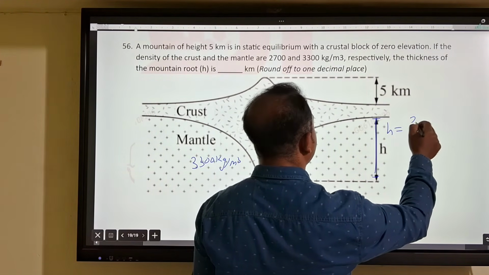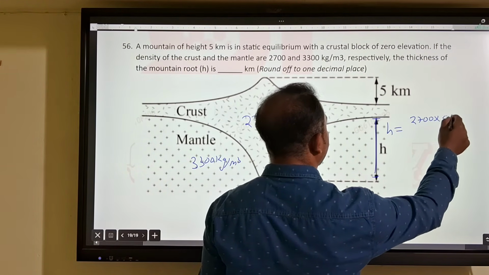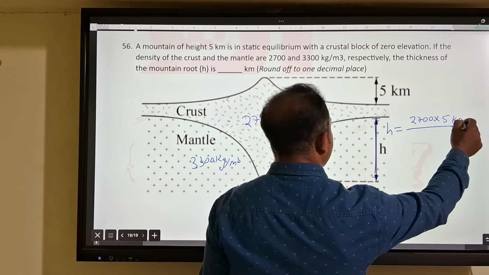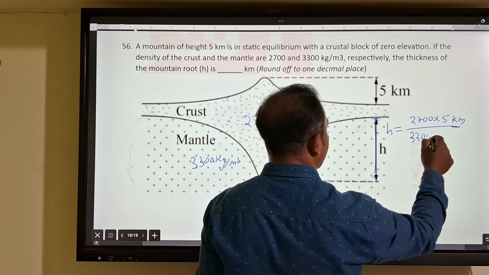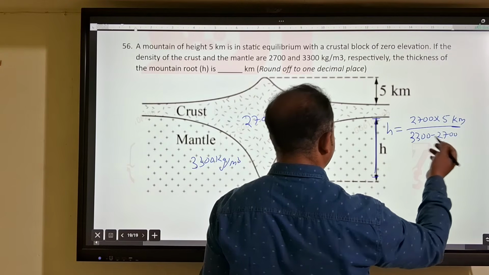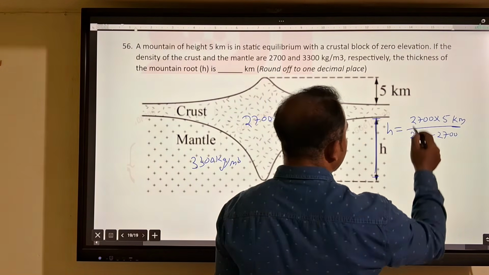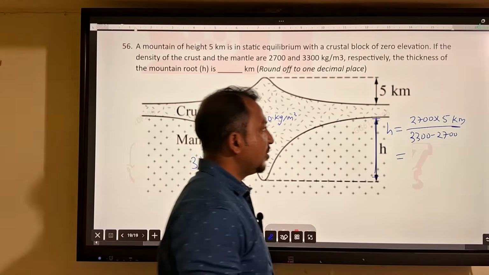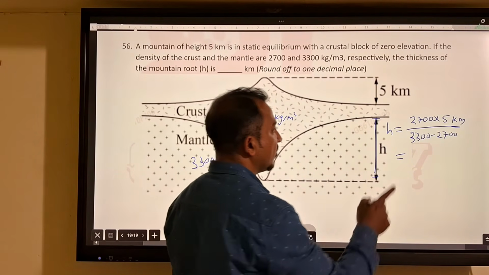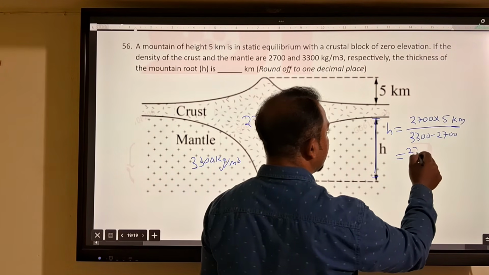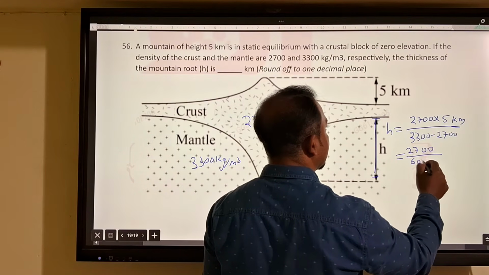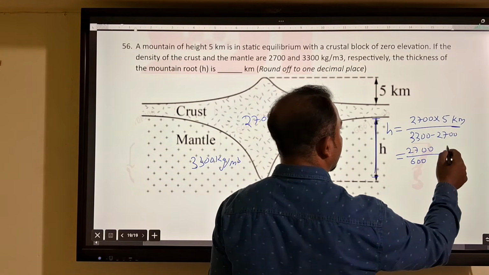It will be 2700 into 5 kilometer divided by 3300 minus 2700. So the kg per meter cube will cancel. Only the answer will be in kilometer. So it will be 2700 divided by 600, into 5.